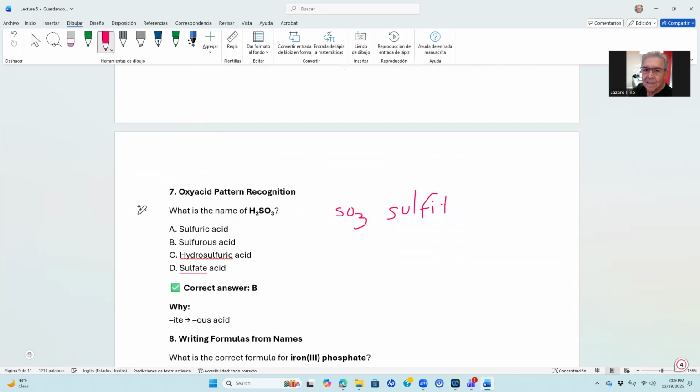When the ending is ite for the salt, for the acid it changes into sulfurous. Then the correct answer is B. Sulfurous. Let's continue.